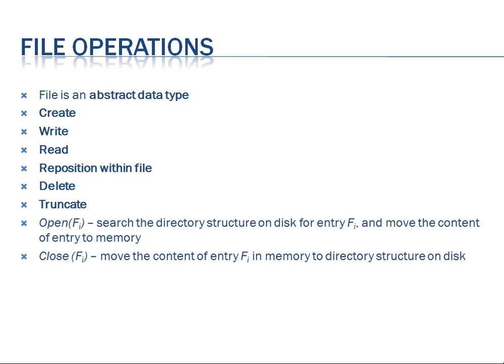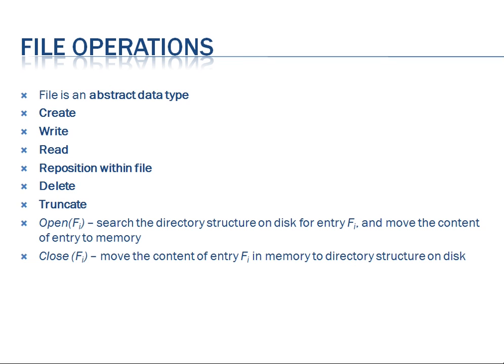So here we are relocating the header, repositioning the header within the file. Then we can even perform the delete operation. If we don't want to use a particular file, if we are not in need of a certain file, we can simply delete it. The next operation is the truncate operation.